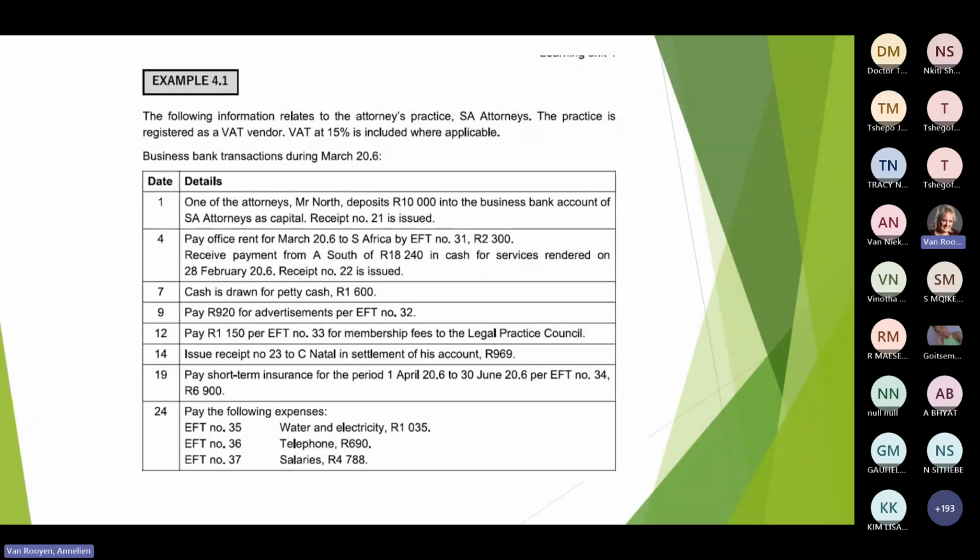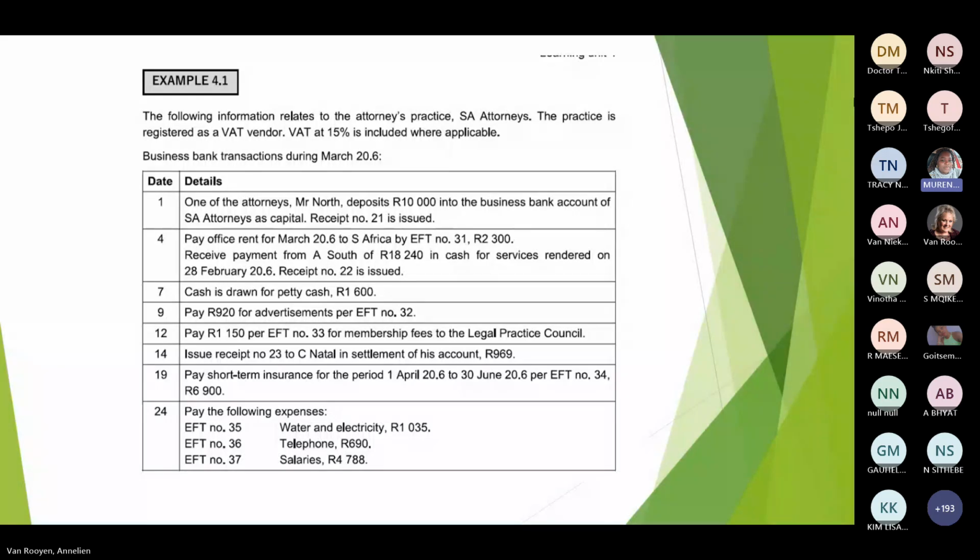Now, lady, do you want to try? Yes, please. Let's work on that 920 Rand. What is the original cost price? What will be the cost and what will be the VAT?